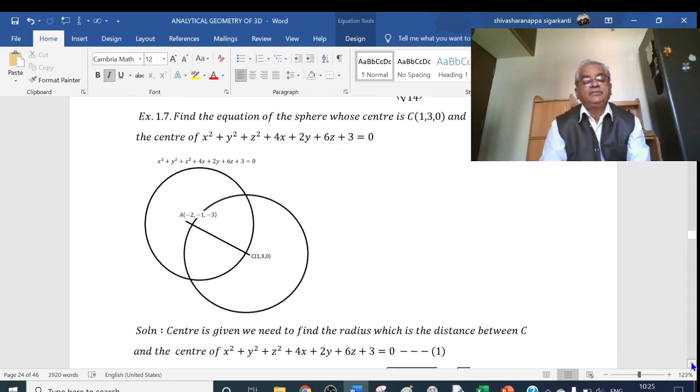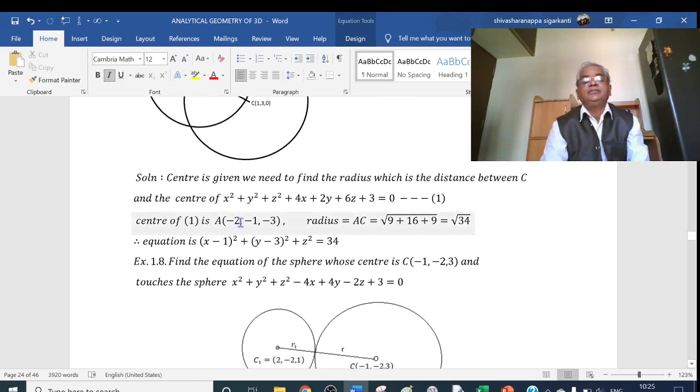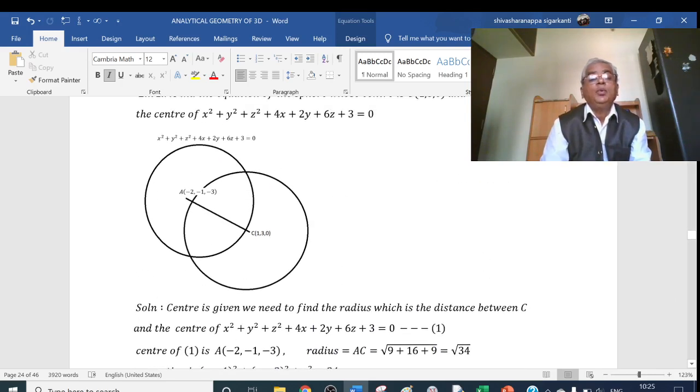So we find this AC. A is this point, and C is (1, 3, 0), A is (-2, -1, -3). AC is given by the square root of (1 minus of minus 2) whose square is 3 square, plus (3 minus of minus 1) that is 3 plus 1, 4 square, plus (0 minus of minus 3), 3 square.